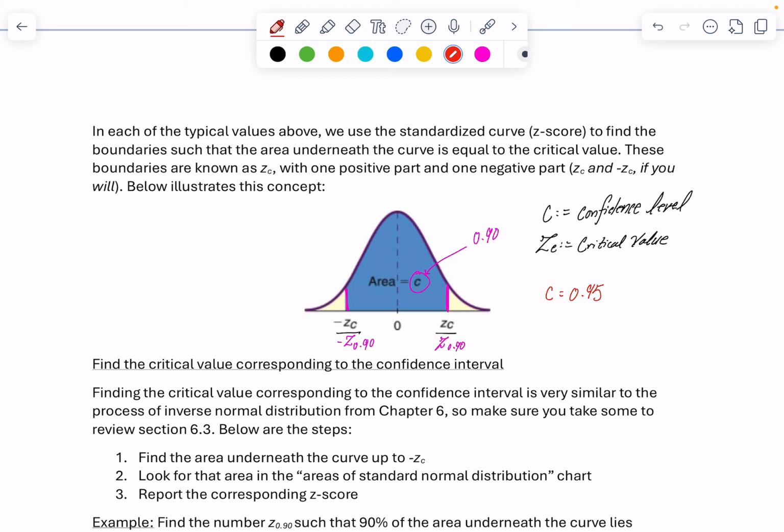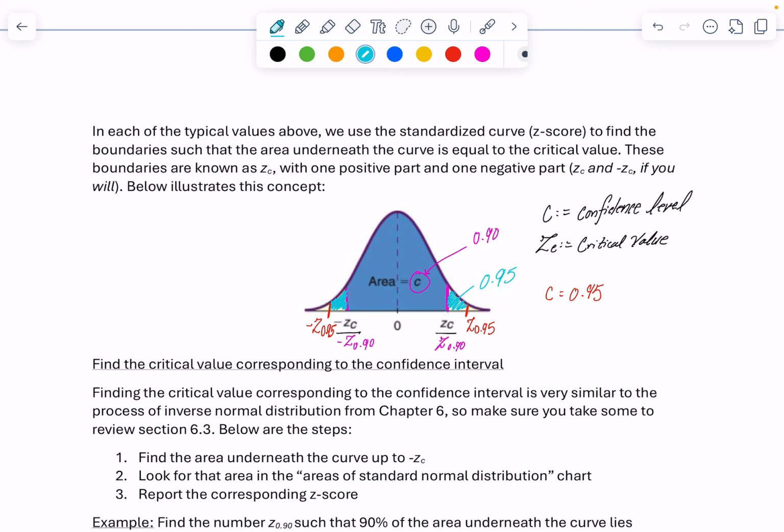So if we want to increase our area underneath the curve, we have to make our critical values more extreme on both sides. In these boundaries, we're getting closer and closer to the tails, and ultimately the area underneath the curve increases. Including the darker shaded blue and the lighter shaded blue, we now have an area underneath the curve of 0.95.